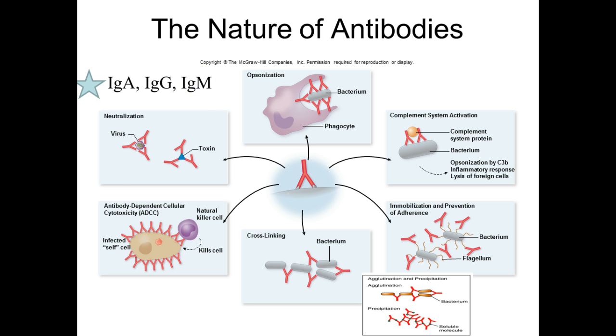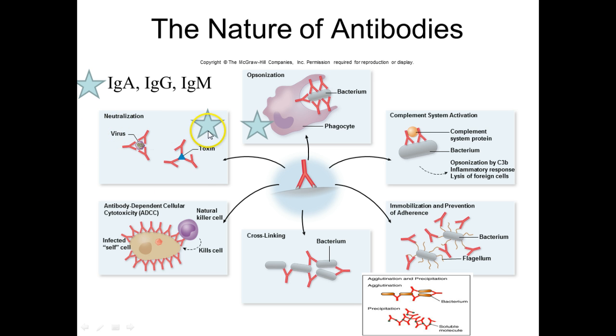So tagging for destruction, do you think IgA, IgG, and IgM could do that? Actually tag it, opsonize it, and then a phagocytic cell recognizes that and engulfs it? Yes. Oops, I started in the wrong spot. Should have numbered my things.